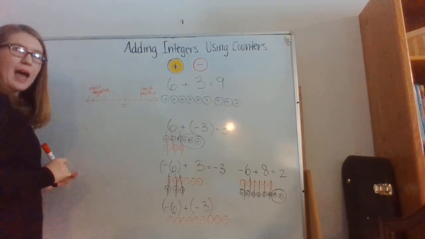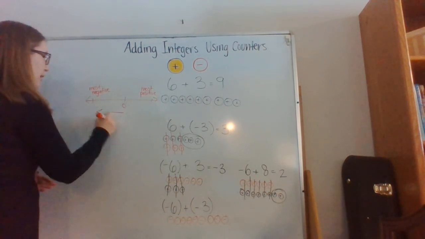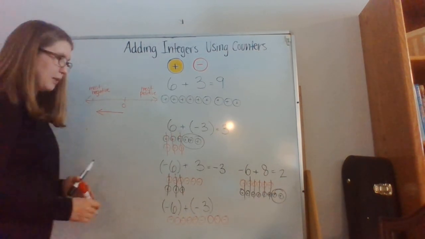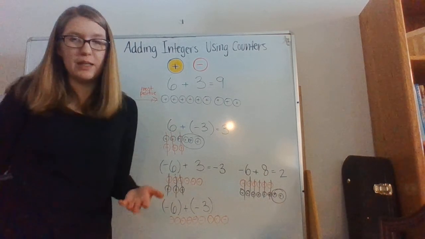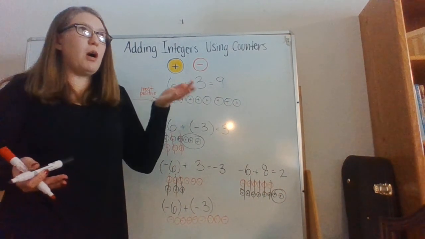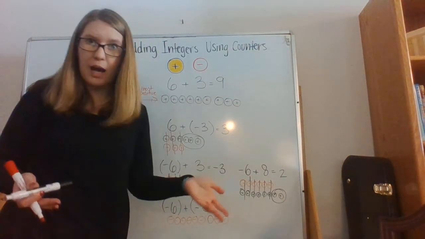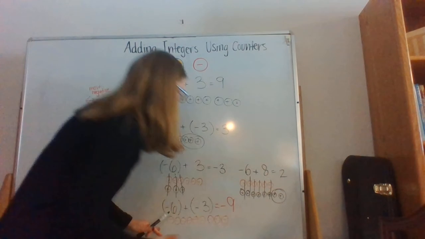So if I am adding more negative, I'm going to keep going this direction on my number line. So that means that I now have more negatives. So negative $6, and then I end up owing somebody another $3. I'm now negative 9.